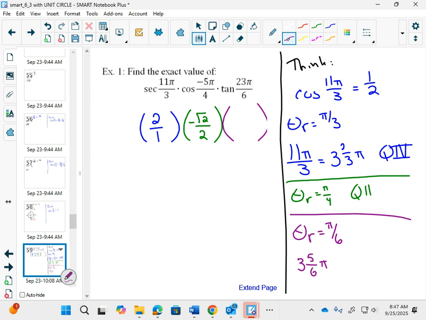And again, going in the positive direction, the 3 would get me to the negative x-axis, and 5/6 is more than half. It's going to end in quadrant 4. Tan of my pi over 6 family, 3 plus 3 is 6, is root 3 over 3. And in quadrant 4, my CAST rule says tan is negative.